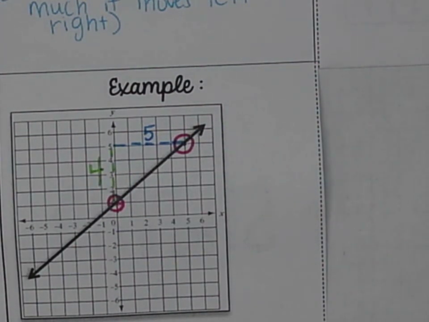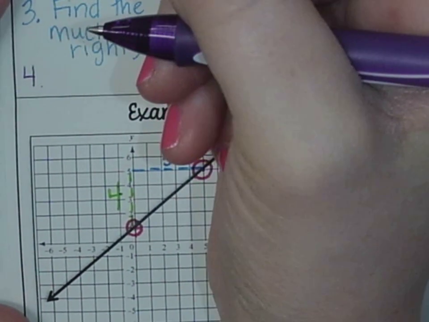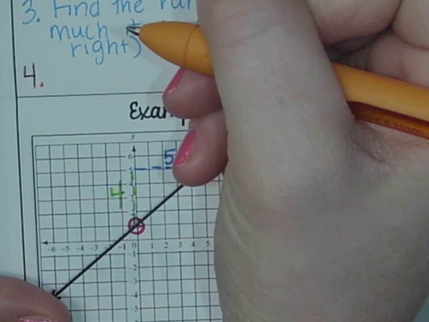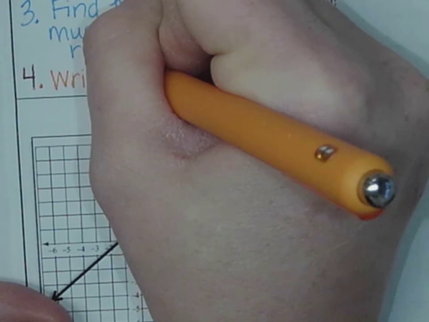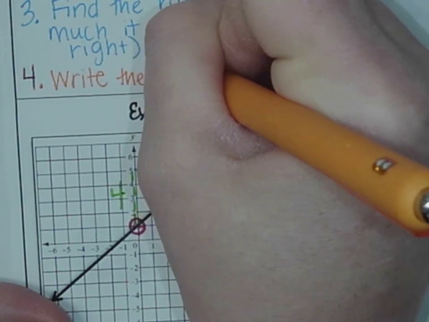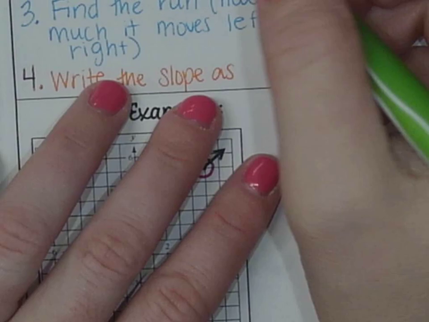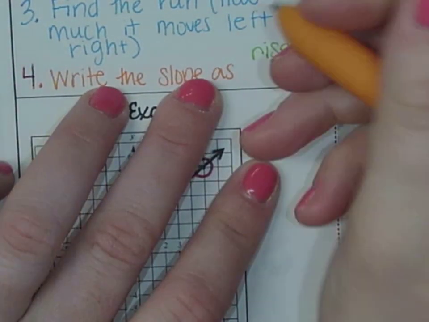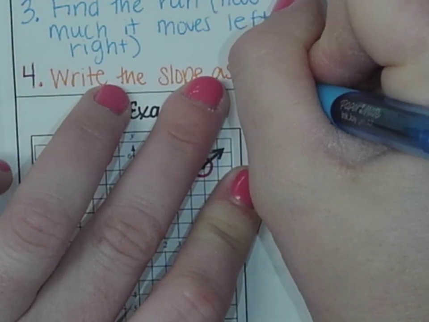And then the last step that you want to do, and that's purple, but you can't, I'll use orange, is write the slope as rise over the run.